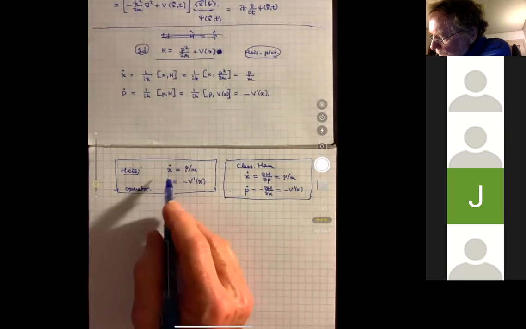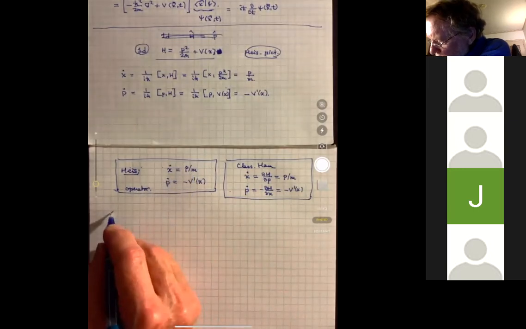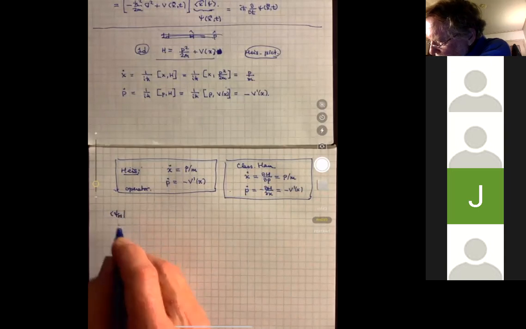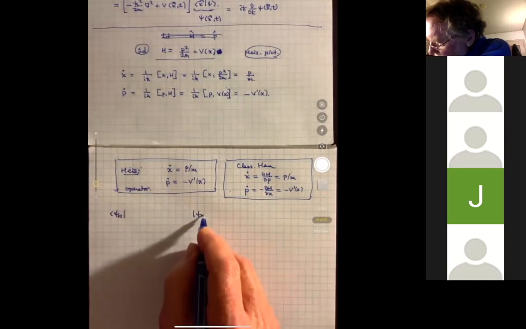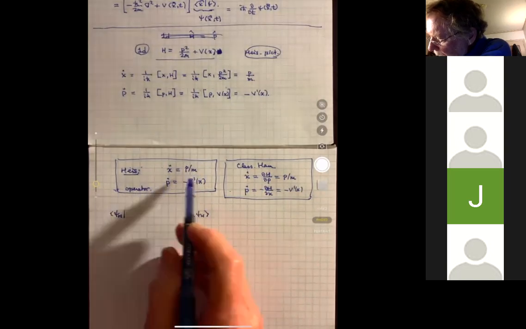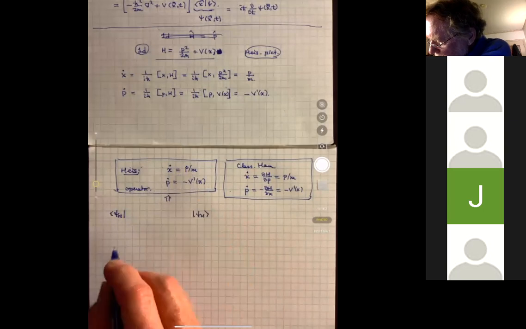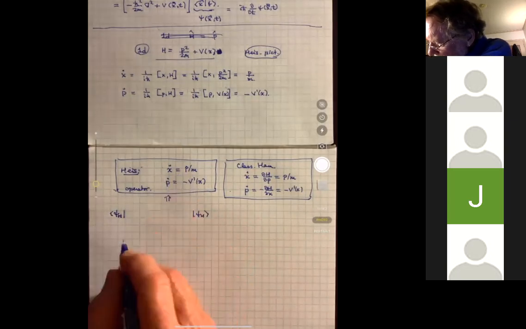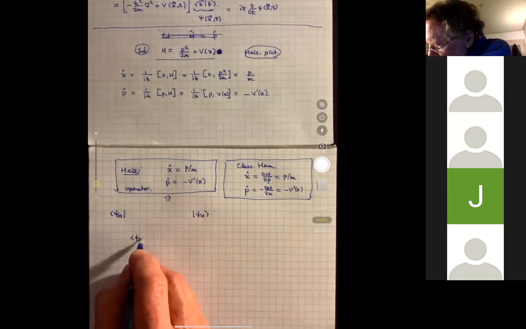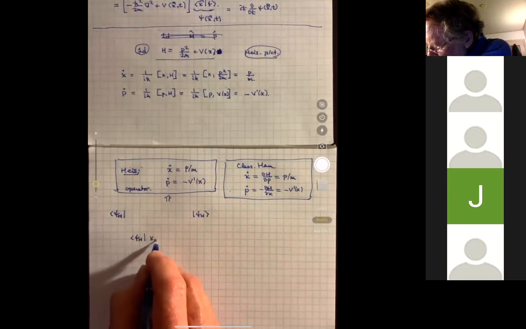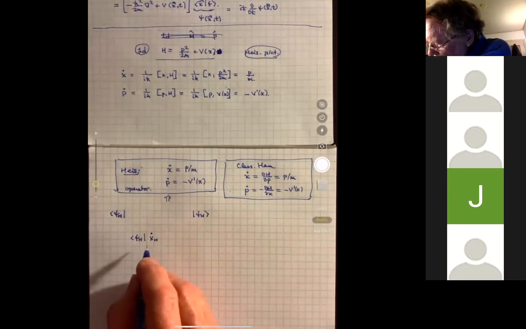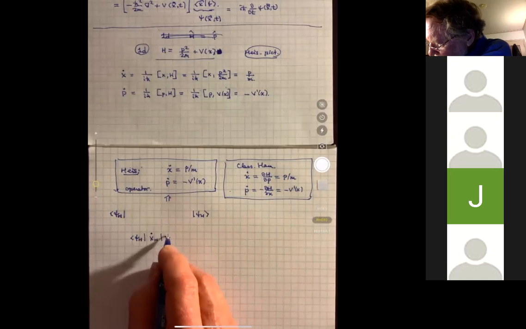Now then, let's take these Heisenberg equations of motion and let's form expectation values. We're working in the Heisenberg picture, so I'll take a bra and a ket, which are both in the Heisenberg picture, and sandwich them around both sides of these equations. Let's take the x dot first of all. Let's take psi Heisenberg sandwiched around x dot, and I'll put a Heisenberg subscript on now to remind ourselves that it's really in the Heisenberg picture.